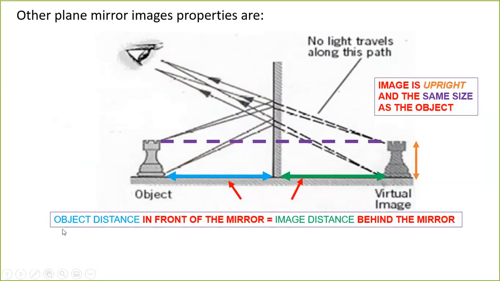Now, plane mirrors have some other properties that we need to remember as well. So besides the image being virtual, and I know that might be a kind of difficult concept for you to internalize, but all it means is when we talk about an image, we're just talking about the place where the light meets up, okay?